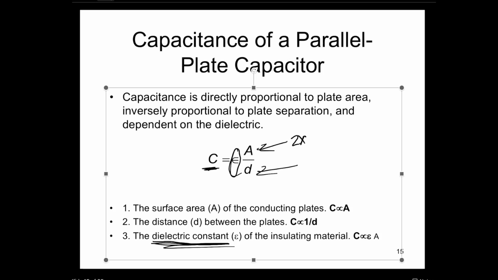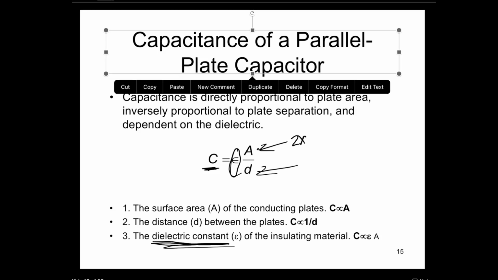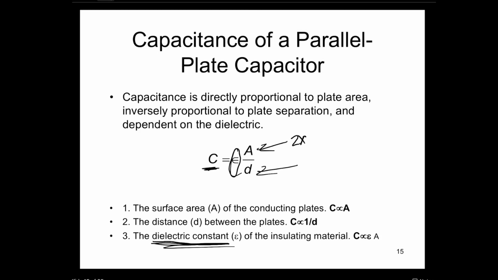What would happen if we did a 2 times value on the distance between the plates? 2 times value on the distance between the plates would mean, because of that inverse relationship, we would have a C value half of what it was. So you kind of get the idea there, is that's an example of where we just have an understanding of how the different variables affect the capacitance of that component.